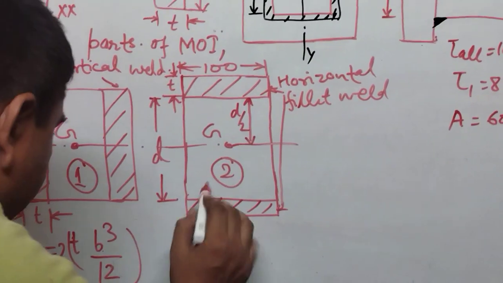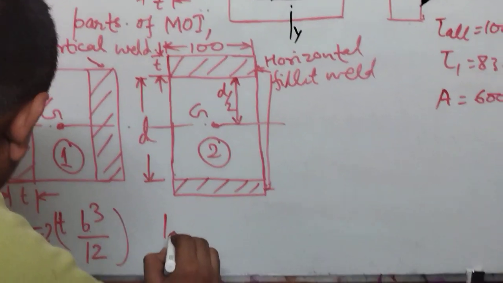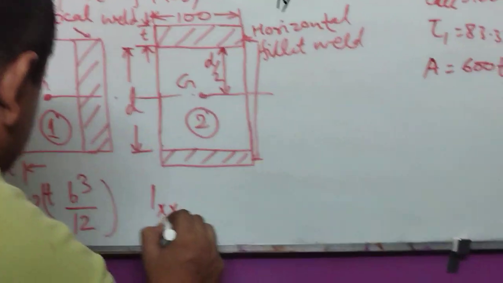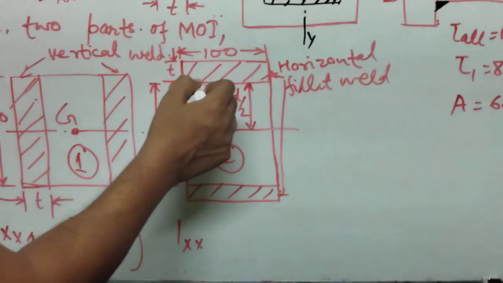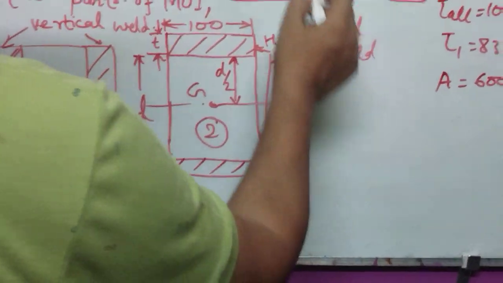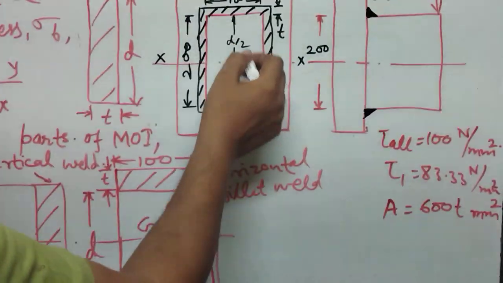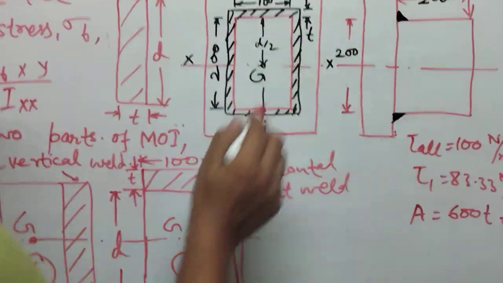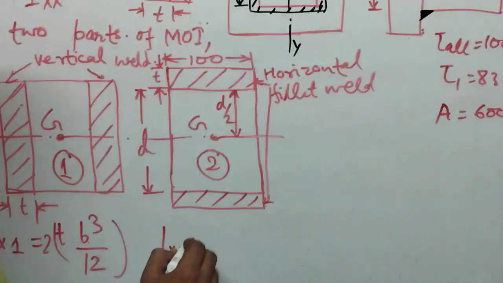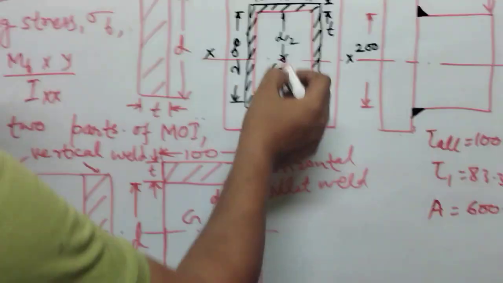For the horizontal fillet weld, the distance from the x axis is y equal to d by 2.